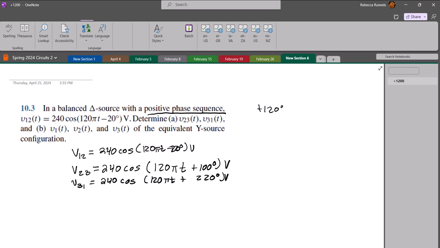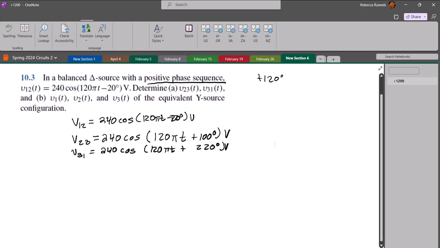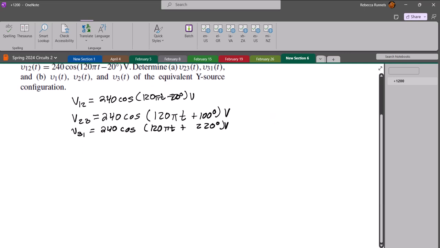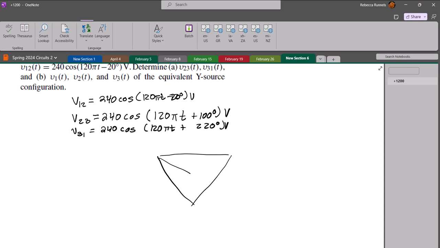Okay, so now to change it from delta to Y, we have delta and we want Y. We know that if I look at from here to here in my delta, that's 120 degrees.